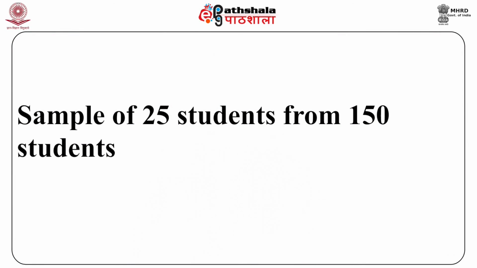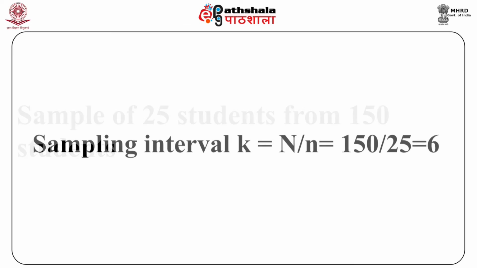Consider an example. Suppose we want to select a sample of 25 students from 150 students. The sampling interval k in this case is equal to capital N, which is the size of the population, divided by small n, which is the size of the sample, and hence is equal to 150 by 25, which is equal to 6. Now select a random integer from 1 to 6. Suppose we pick 3.